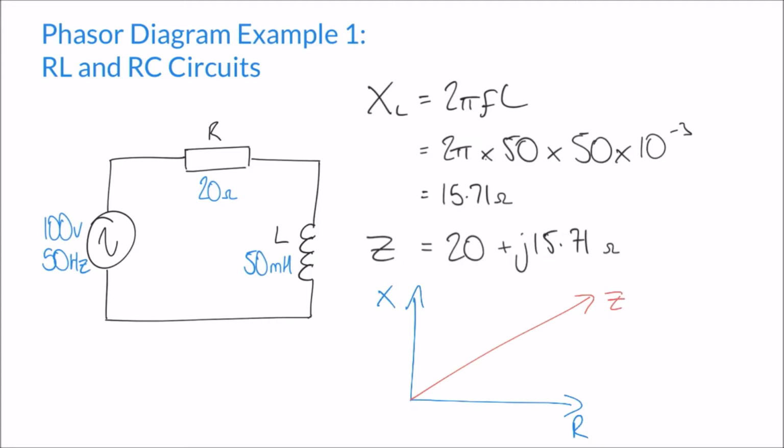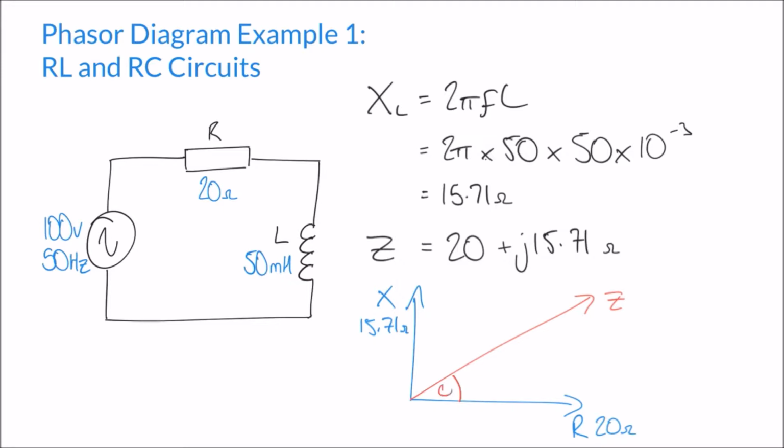So we know that our resistance is 20 ohms. We know that the reactance now is 15.71 ohms. We want to calculate the magnitude of this impedance here, and we also want to calculate the angle that the impedance has from the horizontal.